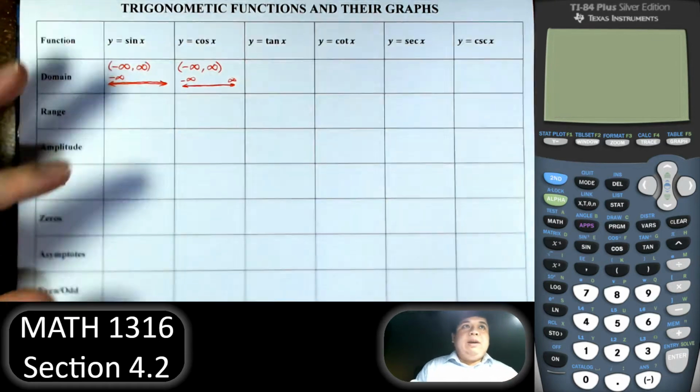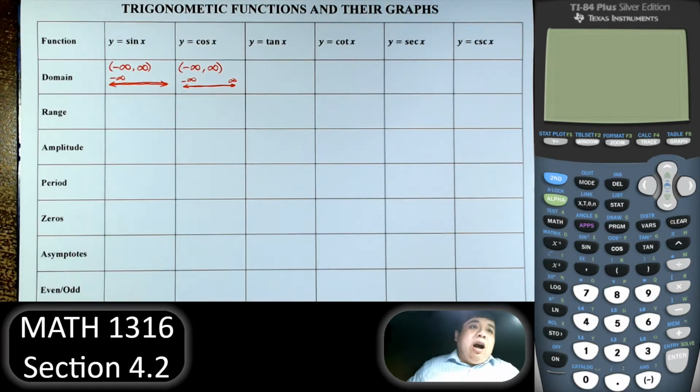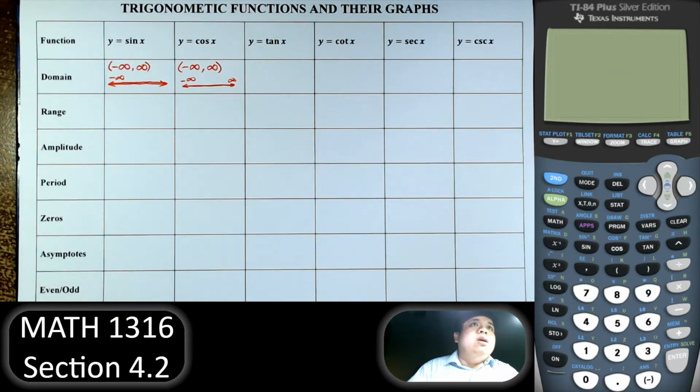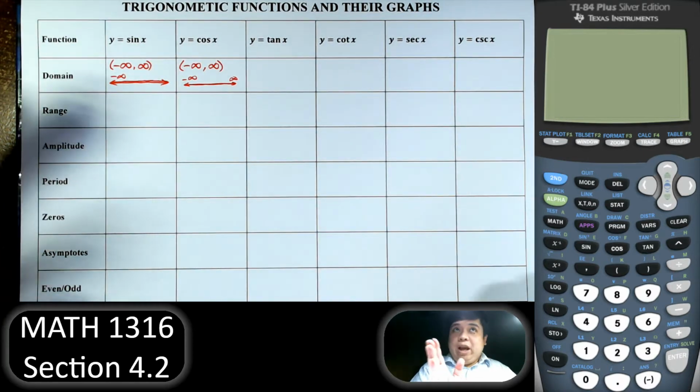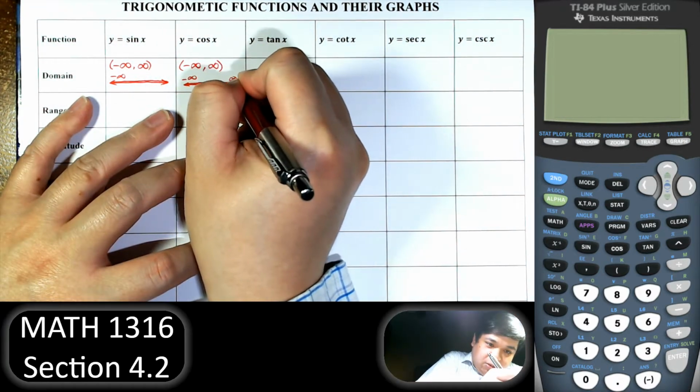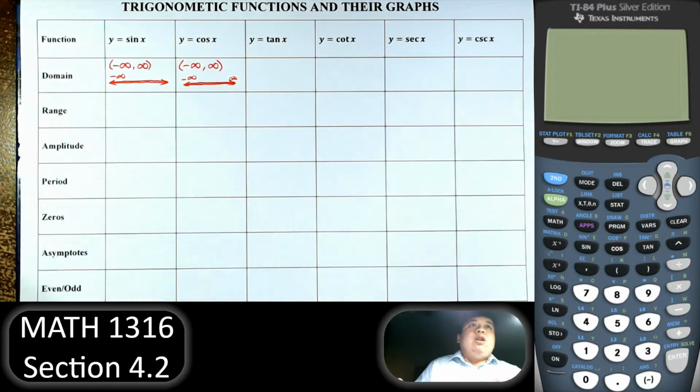For tangent, cotangent, secant, and cosecant, we'll get back to that because they depend on some other function. But for sine and cosine, that's what we have for the domain.